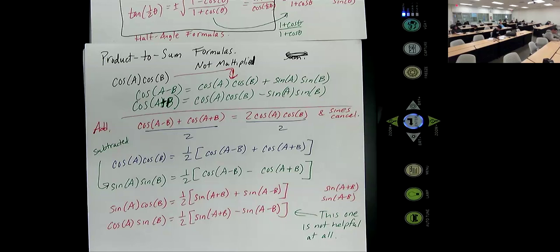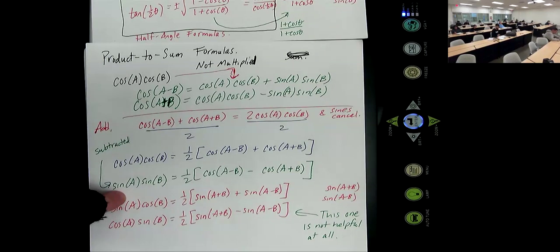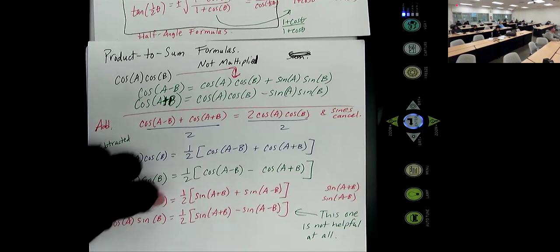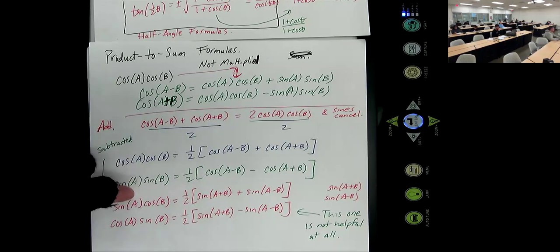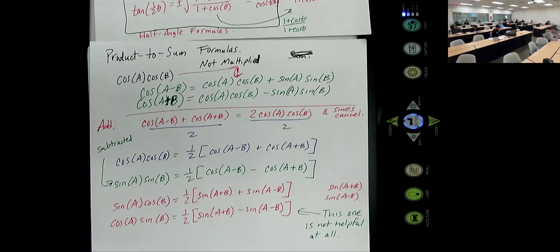The reason I say that is I could just use the one up here and say B is A and A is B, switch the letters around, do a little formula manipulation, and you can use the top one just by labeling them differently. And you will still get the same thing. It doesn't look the same in the generic formula, but if you're actually working with angles, it does get the same thing.